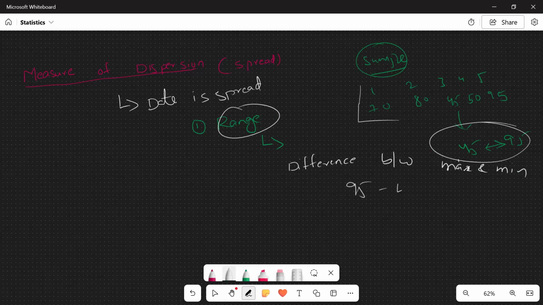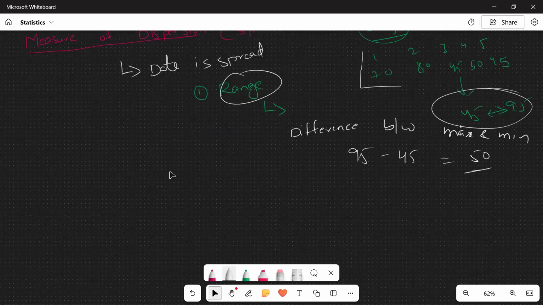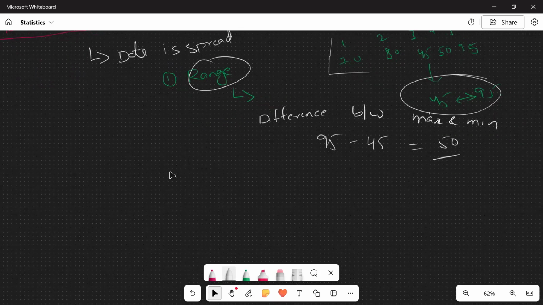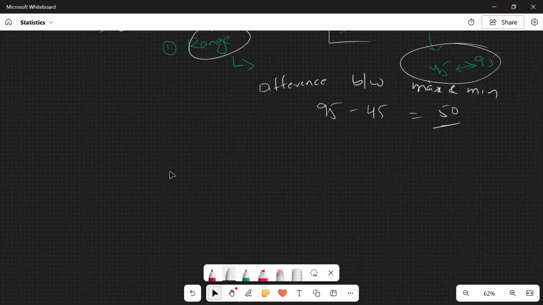For example, 95 minus 45, then we get 50 over here. Clear? So this is exactly the range. I hope you understood what range means.